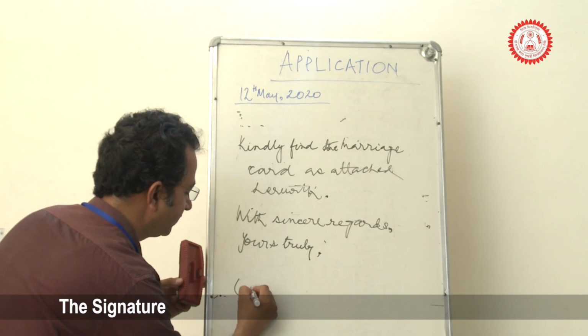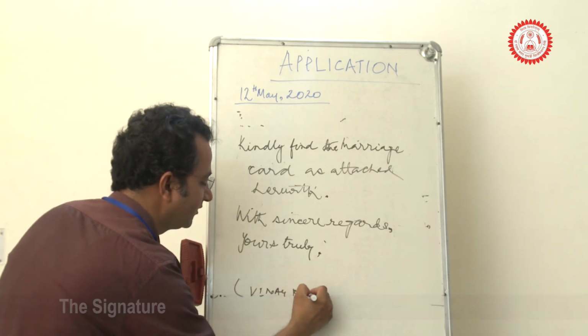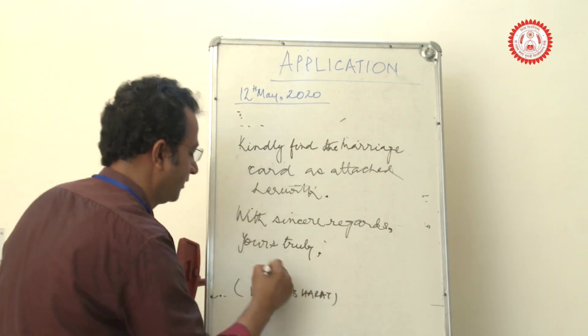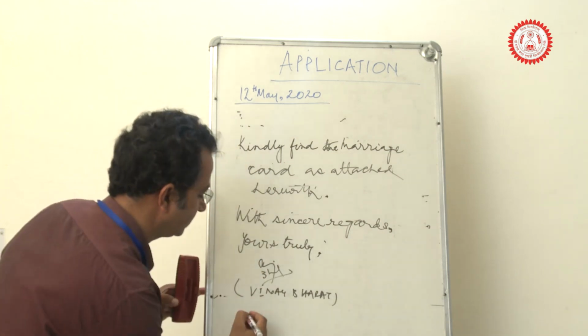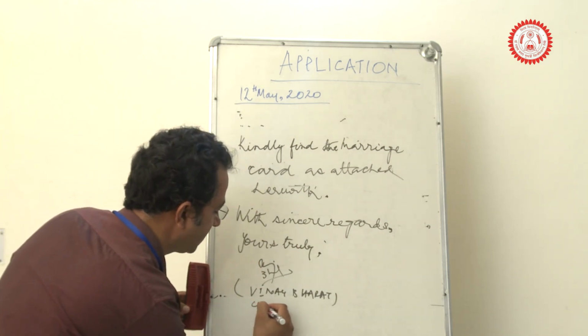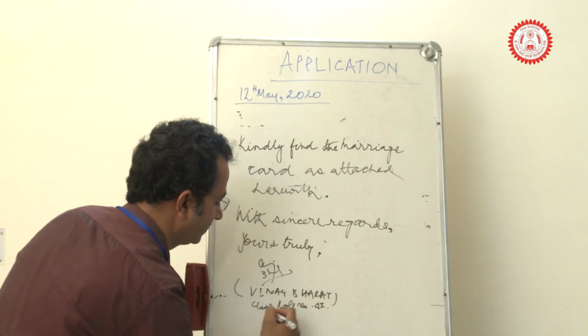And then you write your name in capital letters, leaving some space here. Vinay Bharat, say for example. Then you give your signature here. And then you write your class roll number, 47, say.